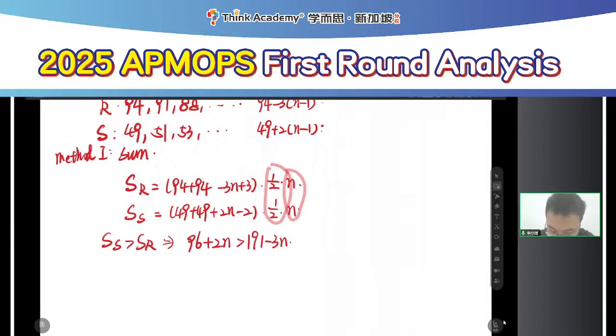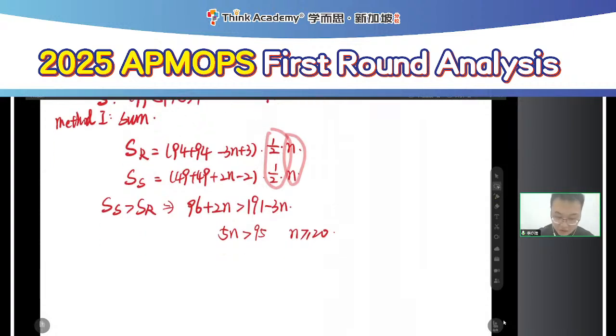Then 5n should be larger than 95, so n should be at least 20. So this is the first way to do it: get the expression of the sum, and then use it to get the range of n. Since the number of terms is the same, we can cancel it out.